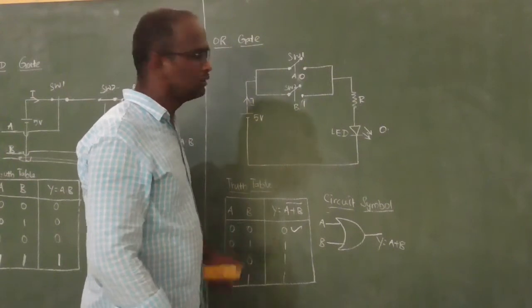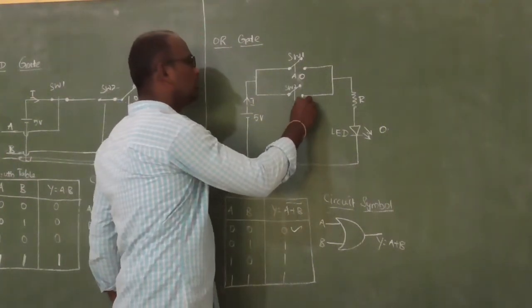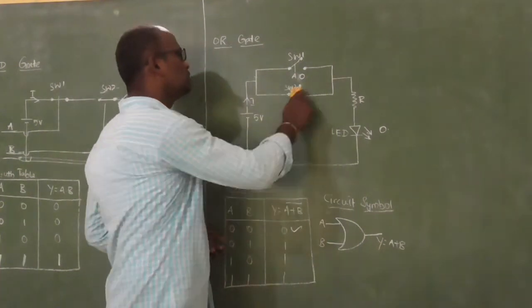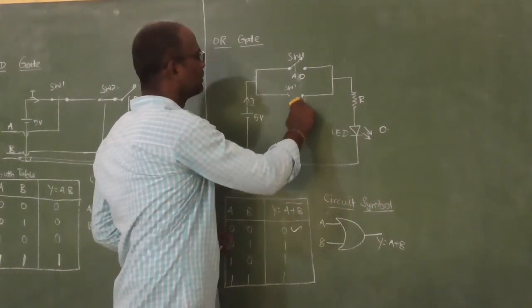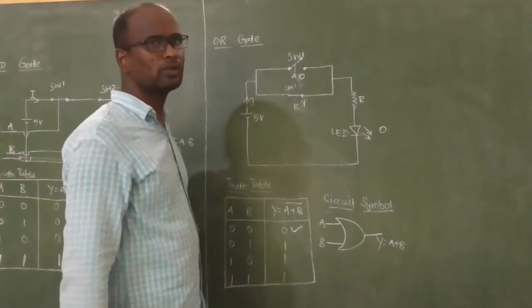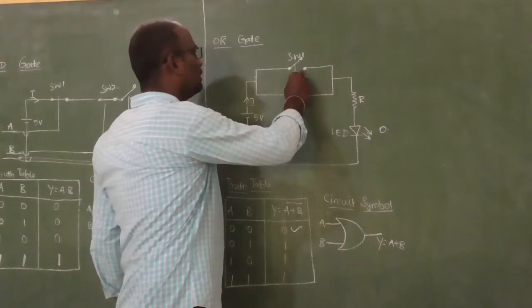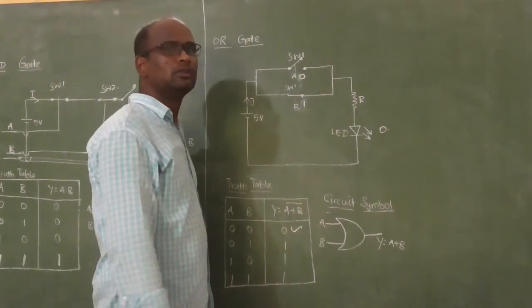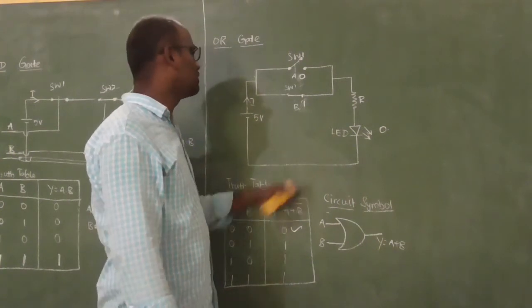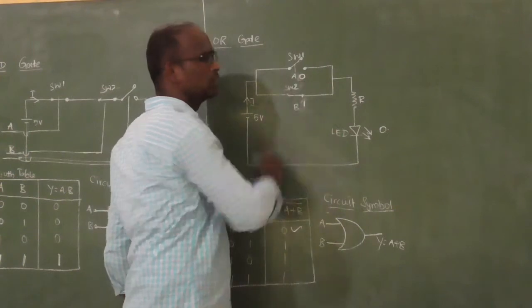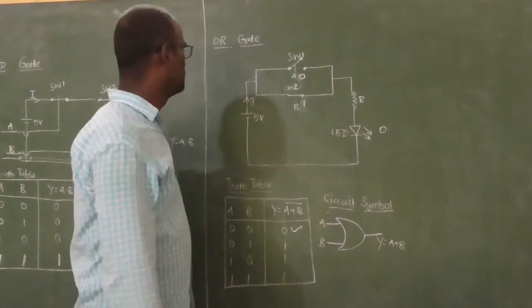Understand? So by applying 1 to the B input, switch 2 will be closed. Since A is 0, therefore switch 1 is in open condition. Since B is 1, therefore switch 2 is in closed condition, that is in on condition.